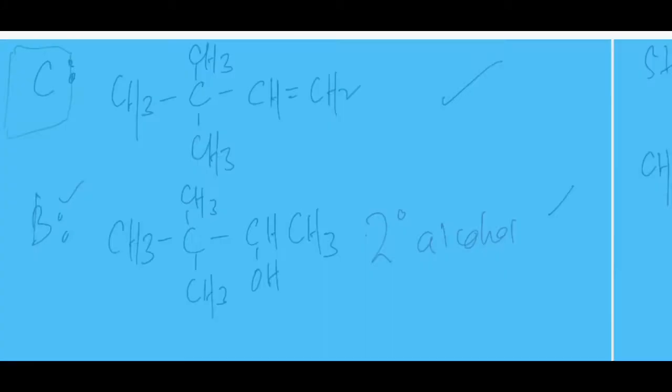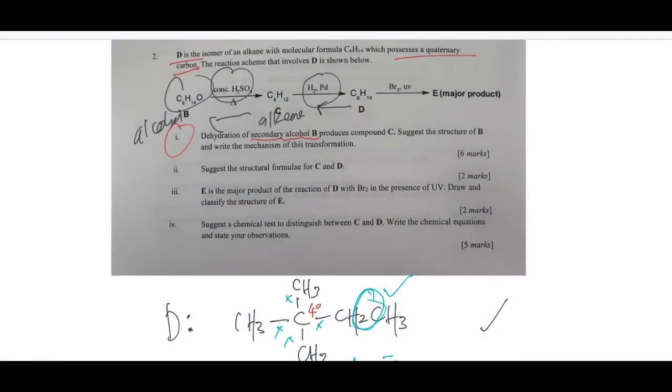Alright, so just now we have completed the mechanism. Structure C and D are also done. E is the major product of D in the presence of sunlight and bromine.